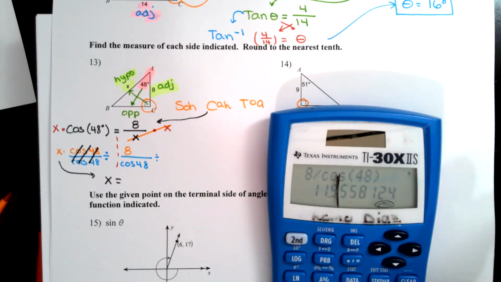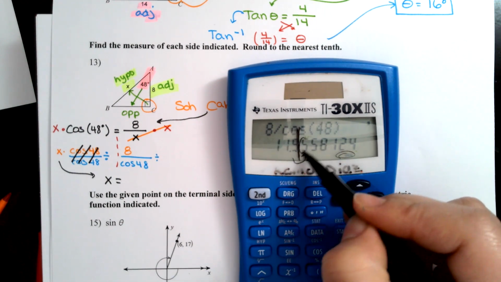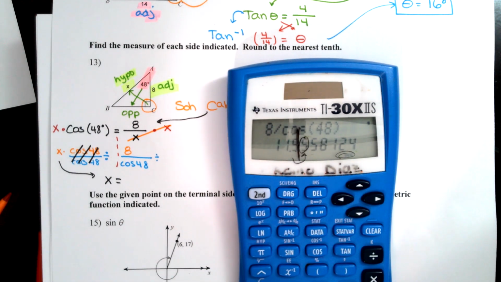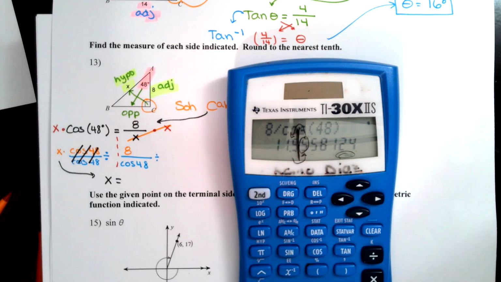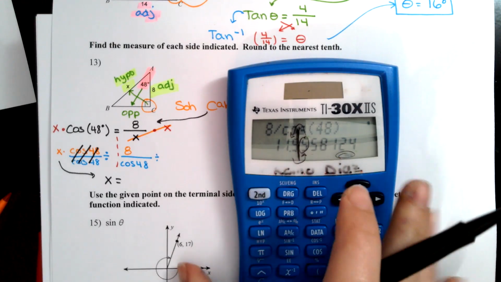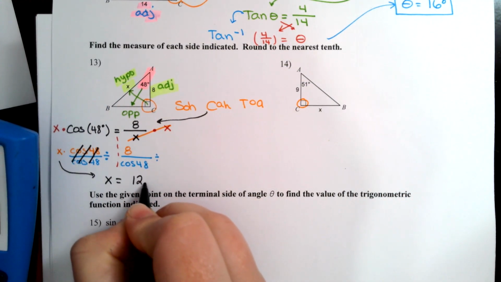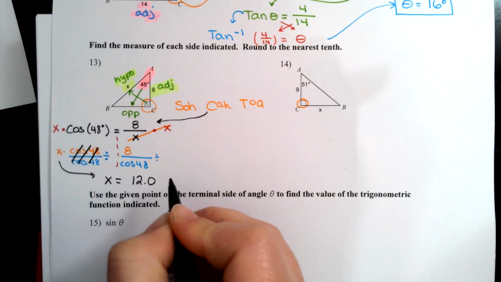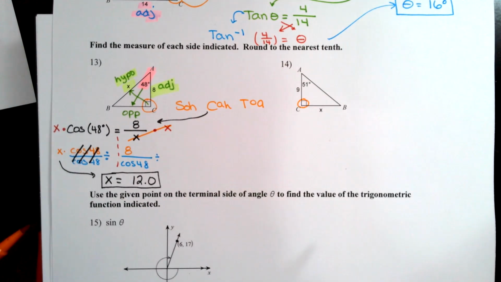But that means that I have to look at the number behind it. If this number is 5, 6, 7, 8, or 9, then I have to round up. So we have to round that 9 to a 10, which ends up being 12.0. Here, there are no units on these sides, just numbers.